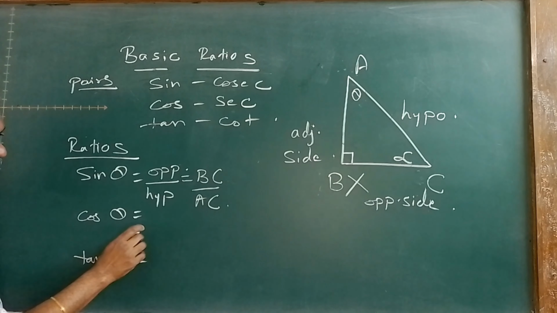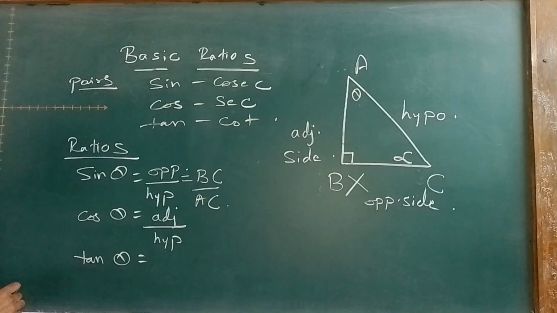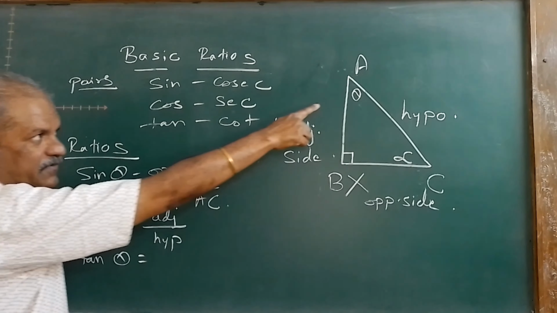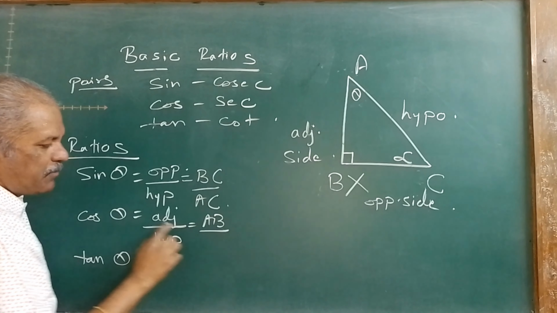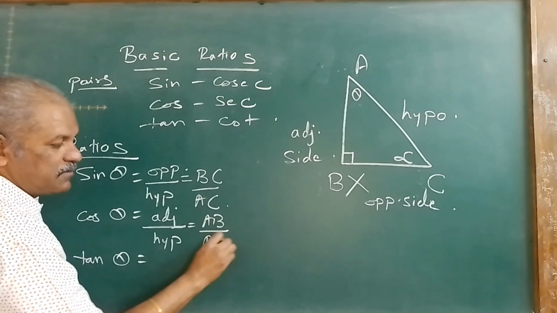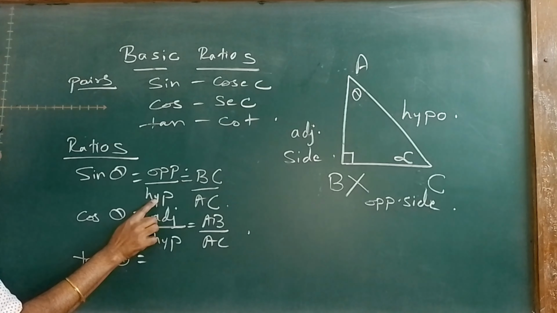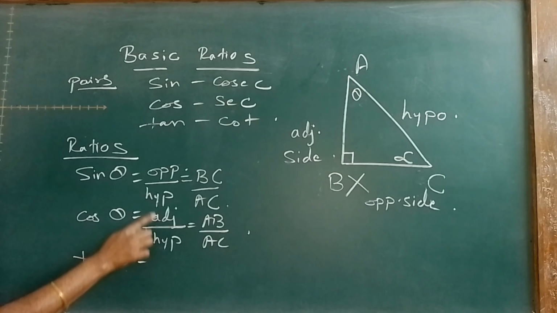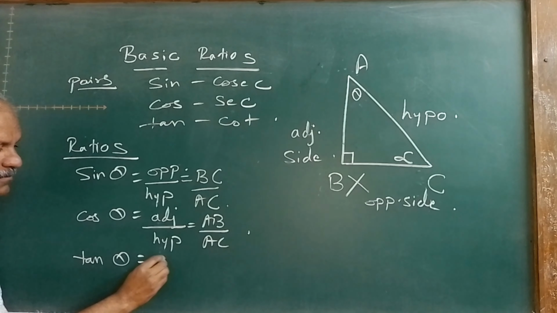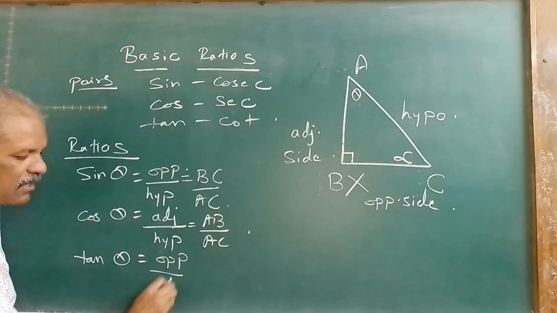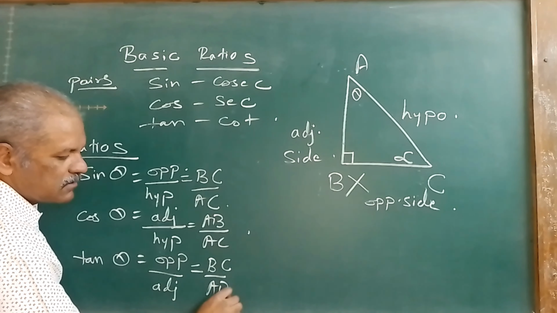If I take cos theta, it goes with adjacent upon hypotenuse. For theta, which is the adjacent side? It's AB, upon hypotenuse, which will never change, it will be AC. And if I go with tan theta, as I said, hypotenuse is already used two times. Opposite and adjacent are only one time. So tan will be opposite upon adjacent, that will be BC upon AB.